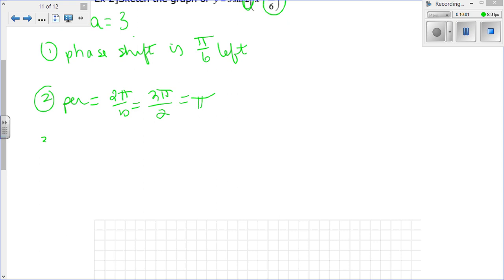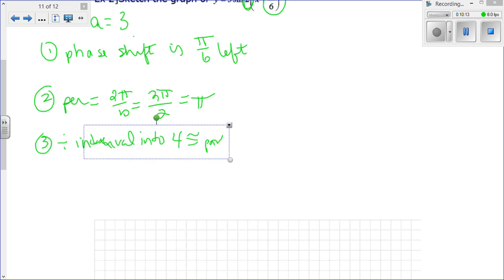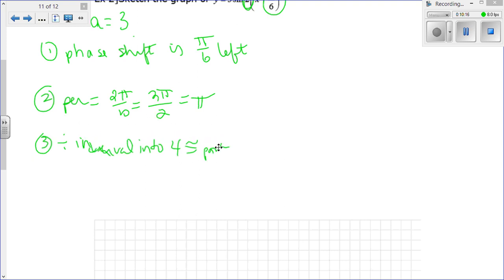And now I need to divide the interval into 4 congruent parts. All right. And then we will sketch the curve.